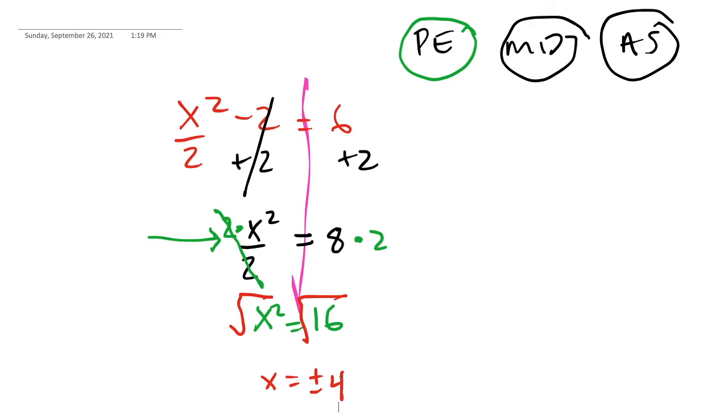So PEMDAS is super valuable not just for calculating, but very valuable for solving a problem as well. I'm hoping that helps to refresh your memory or give you a different understanding or perspective of why we follow a certain order of operations in algebra and what order that is. It's PEMDAS from right to left, the opposite way from when we were calculating.